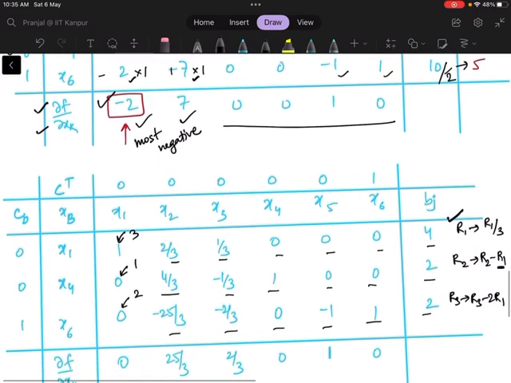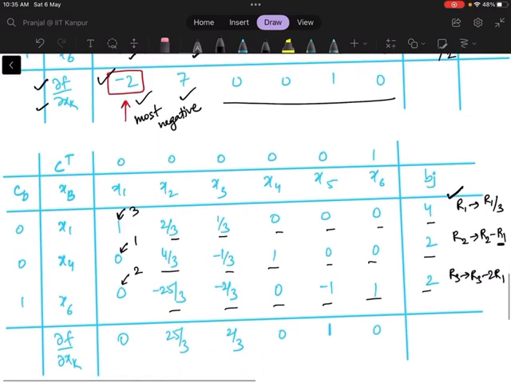Now following the same process, we calculate ∂f/∂xk. Calculating ∂f/∂xk, 0 minus 1 times 0 minus 0 times 0 minus 0 times 1, so this becomes 0. Now for the second term, 0 minus 2 by 3 into 0, 4 by 3 into 0, and minus 25 by 3 into 1, so this becomes 25 by 3.